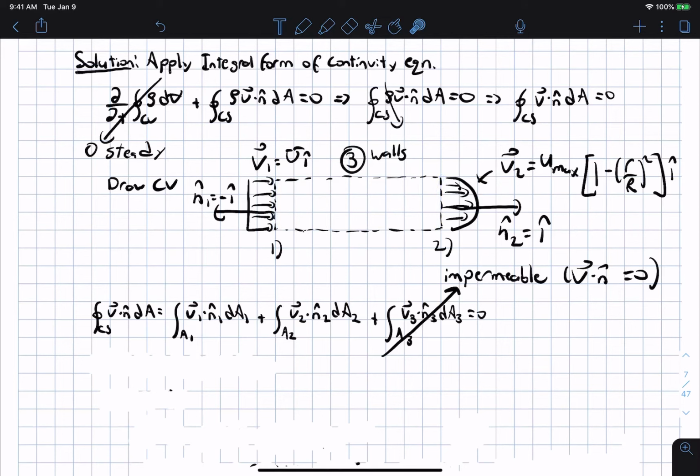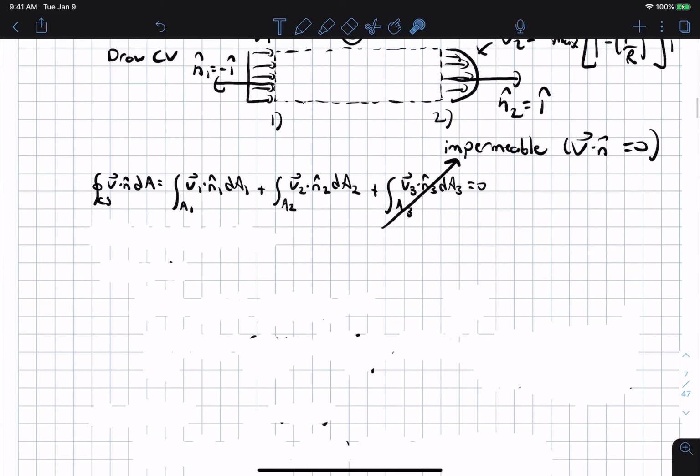And so now what I like to do is basically, this portion here is just a lot of bookkeeping. Okay? And so now we basically need to find each of these integrals. So we find each integral, and I'll first work with area 1, and that is an inlet. Because we want to find v dot n hat, I explicitly write down v1, its vector, and I explicitly write down n hat 1, and I take v dot n hat 1.